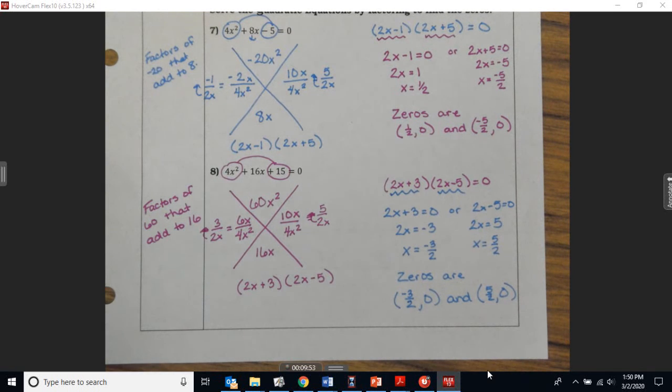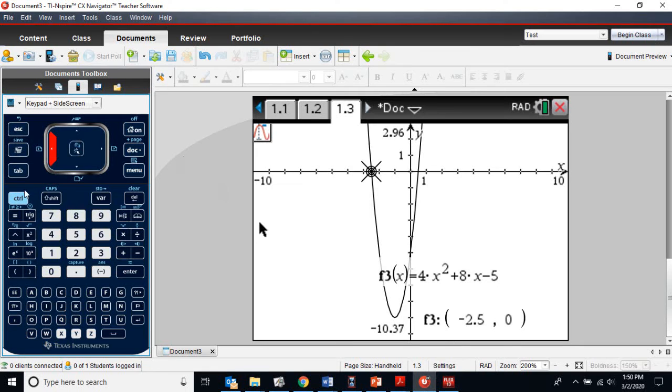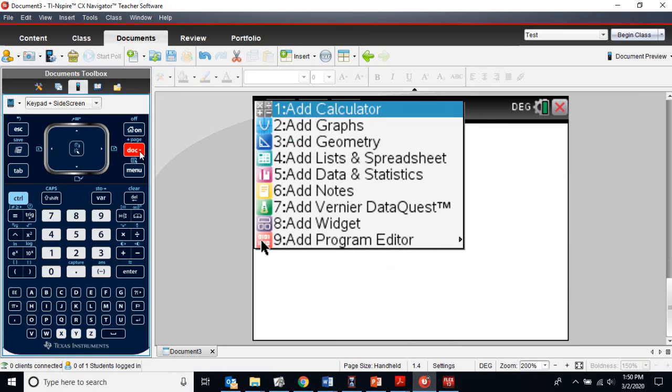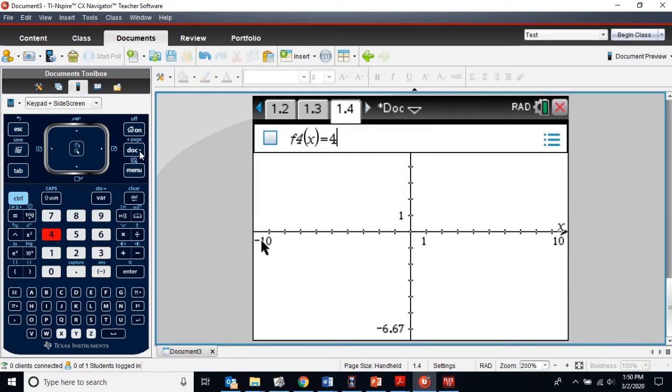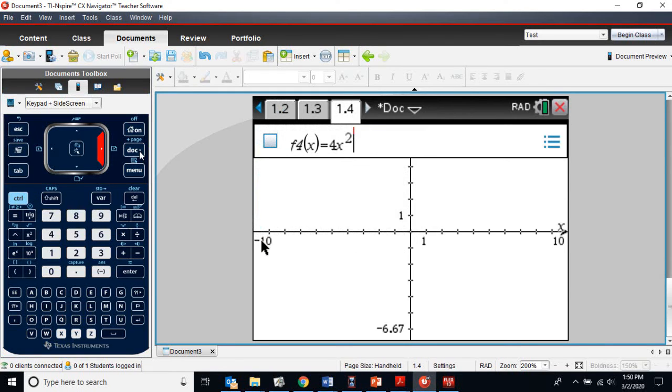Now there's one more piece I want to show you. If I were to type in number 8, which I already have typed in, no, that's not number 8. That's number 7. Let's go type in number 8. So I have 4x squared plus 16x plus 15.